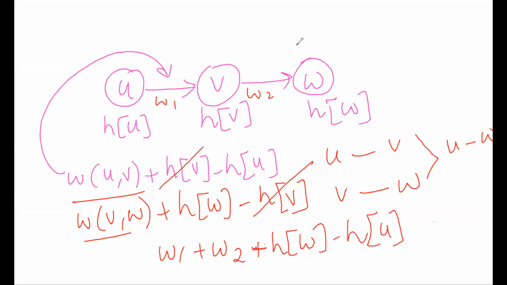So your proportion is the same. So you're not adding anything extra to the path from u to w, because this hv is present in both the incremented weights of the edges, and it gets deleted. So the weight changes uniformly. You don't add hv twice.